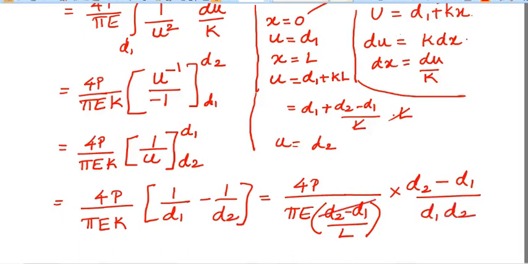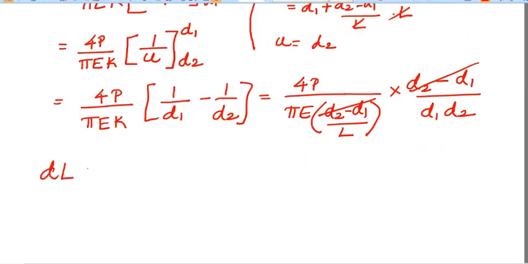So here D2 minus D1 and here D2 minus D1, both get cancelled. Finally, the total change in length is equal to 4P divided by pi E D1 D2 and L. This L will go to the numerator.